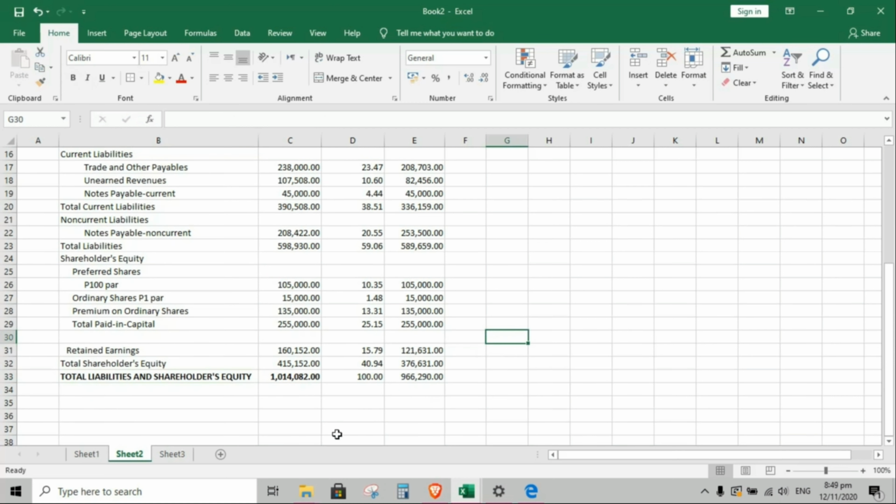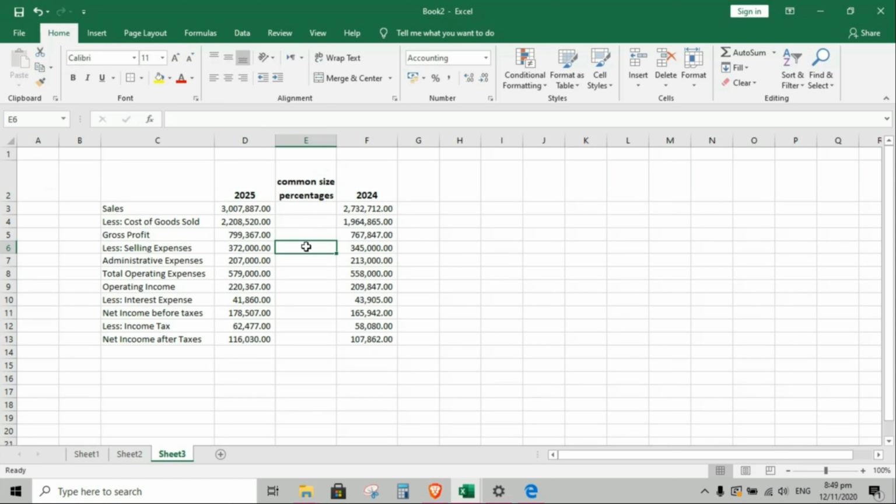Now, what about the income statement? Okay, so, ito tayo. So, insert na natin ulit yung common size. Okay. So, sa common size, sa income statement, same pa rin yung application ng formula, pero iba yung kanyang magiging base item.